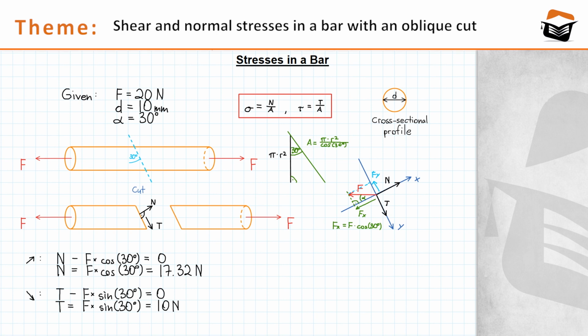So let's take the area of the oblique cutting area and plug it into these formulas. So let's start with the normal stress, which is equal to N divided by A. N has been computed before, that's 17.32 Newton. And the cross-sectional area, let's compute it in a separate step.